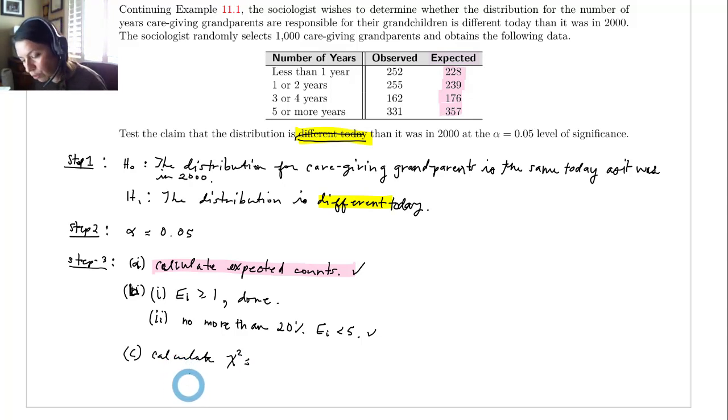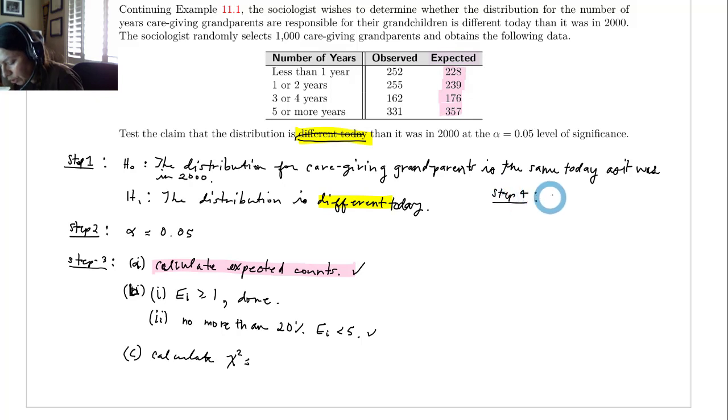And so let's go ahead and move on to step 4, which is finding the p-value. Once again, we're going to go to the calculator and hit chi-squared GOF test.